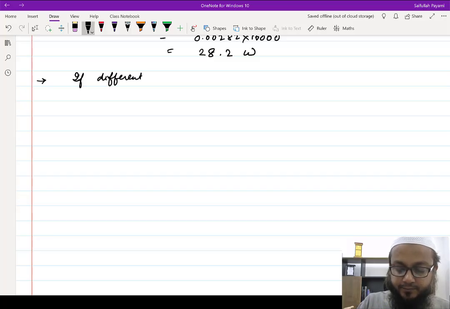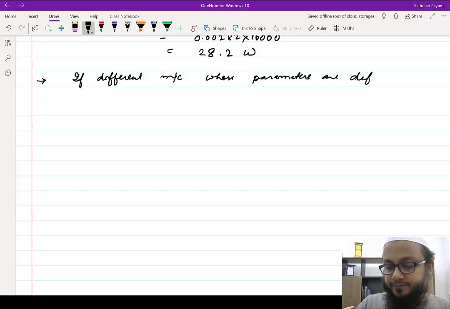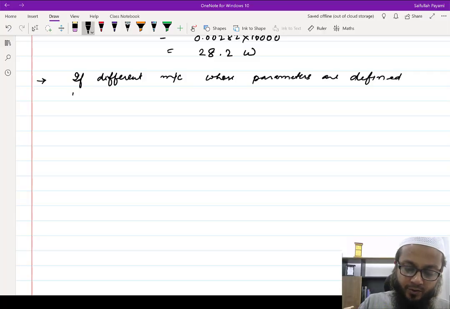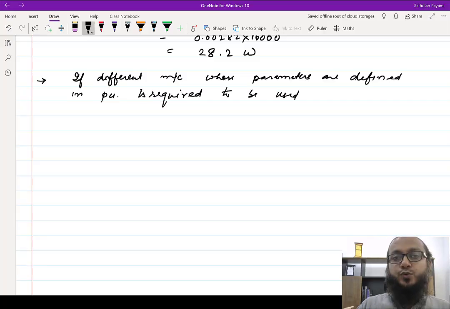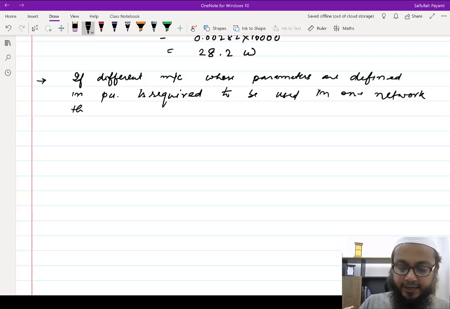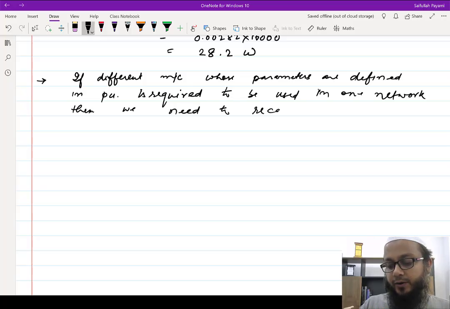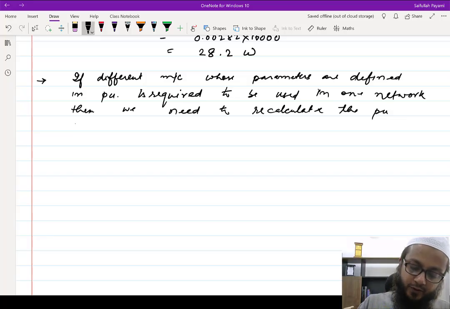So if different machines whose parameters are defined in per unit are required to be used in one network, then we need to recalculate the per unit values, or find the new per unit values.